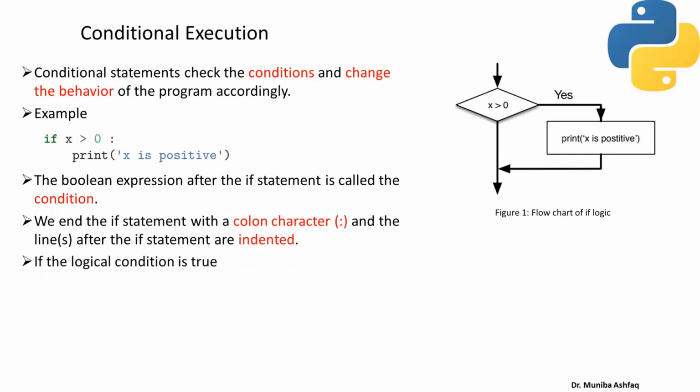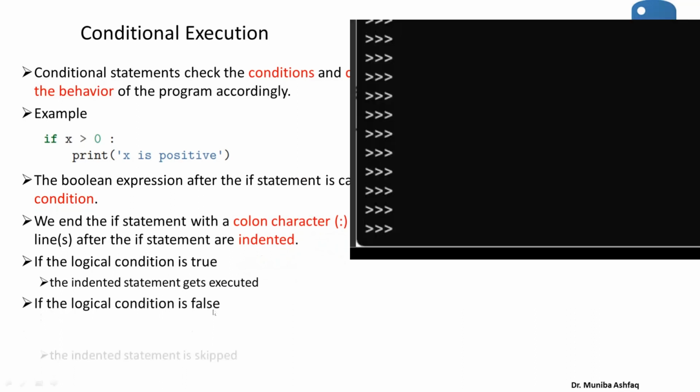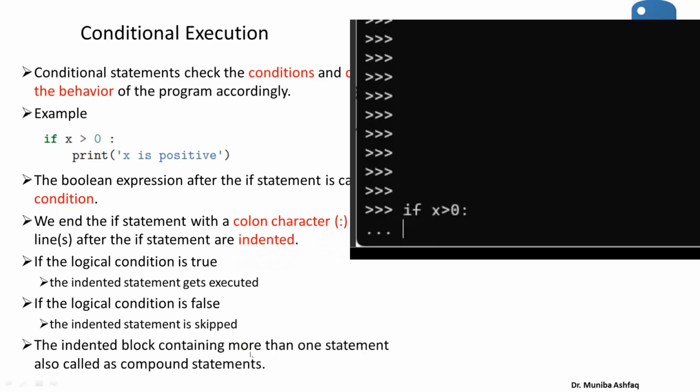If the logical condition is true, the indented statements get executed. If the logical condition is false, the indented statements are skipped. An indented block containing more than one statement is also called a compound statement. So if we have one statement, it's okay.